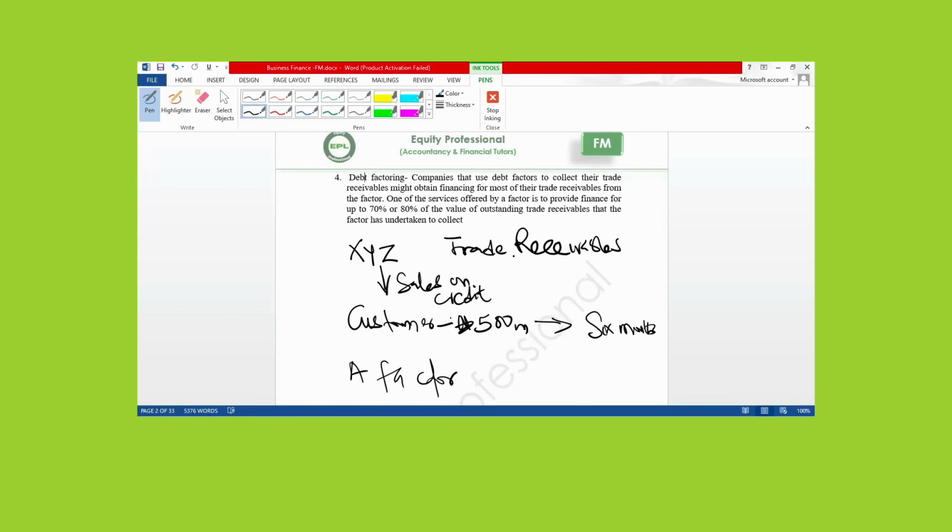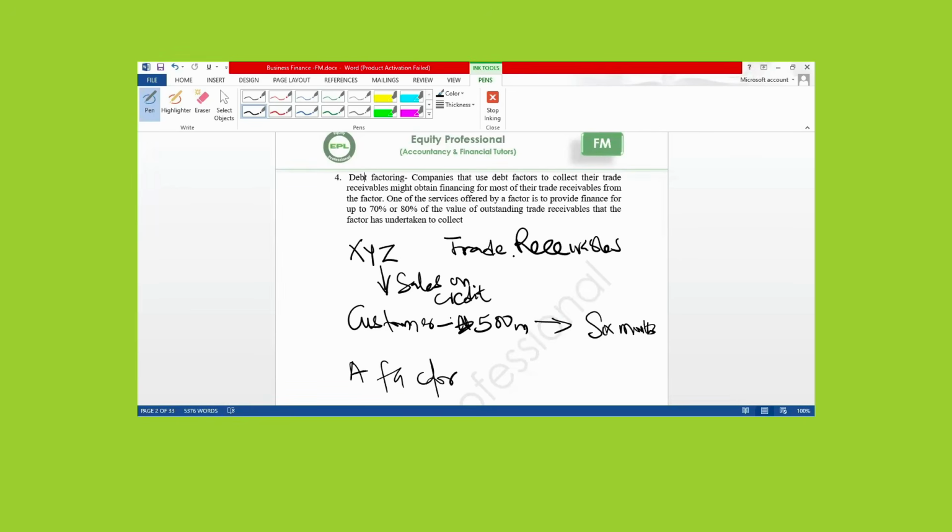Now, one of the services rendered by a factor is to provide finance for his clients. He can provide finance immediately, then the factor will collect.